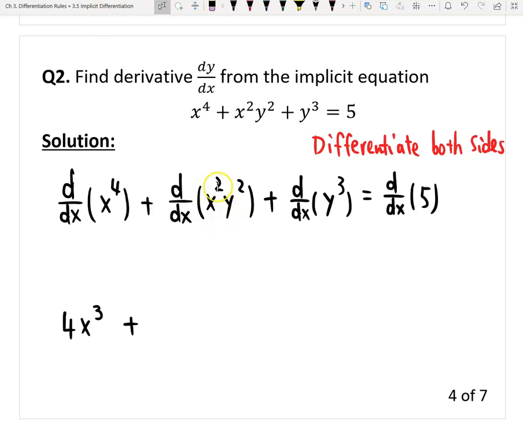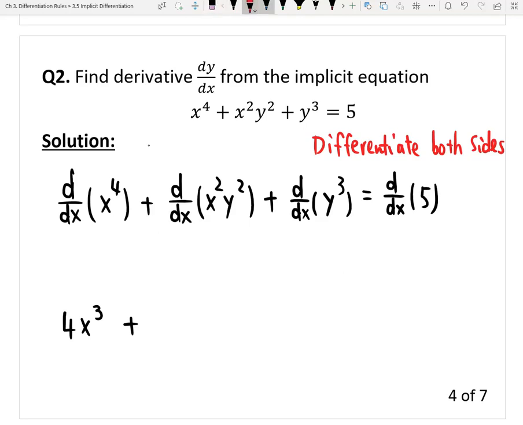Be careful. The second term, see, x squared is a function of x. y is a function of x. Therefore, y squared is also a function of x. There's a product of two functions. Take a derivative. Do you remember which rule to use? Product rule, right? Good. This we have to pay attention to.